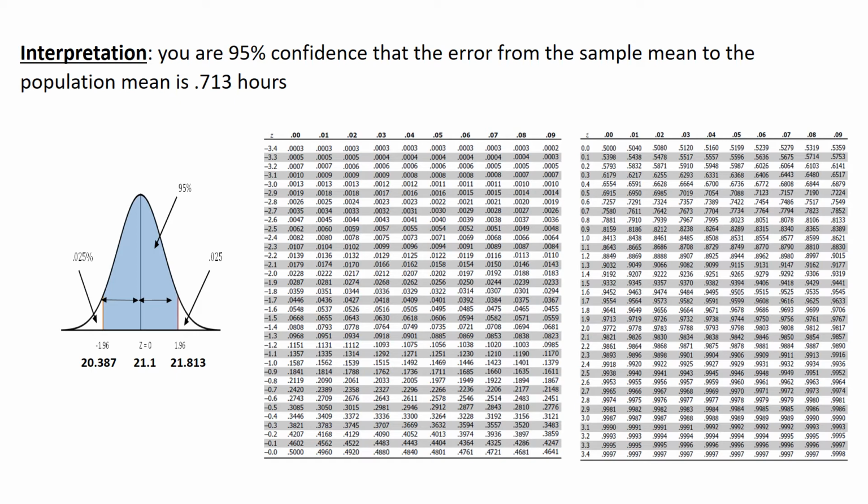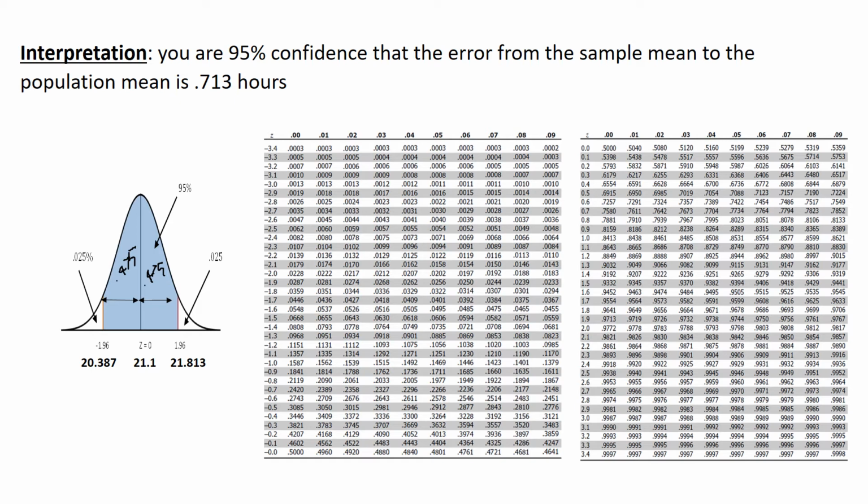So let's remember, it's 95% down the middle, half of which is 0.475 on each side. 0.475 here, 0.475 on this side, under the curve, the blue part.